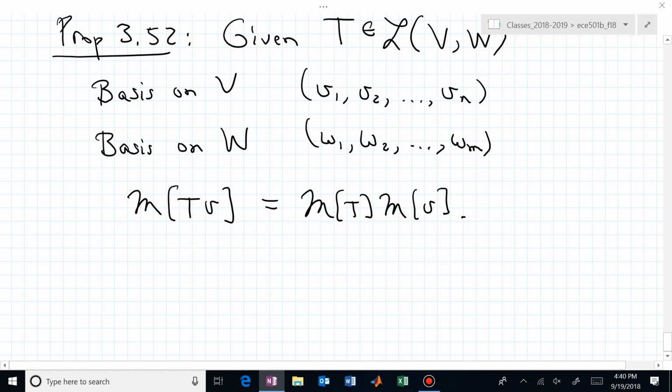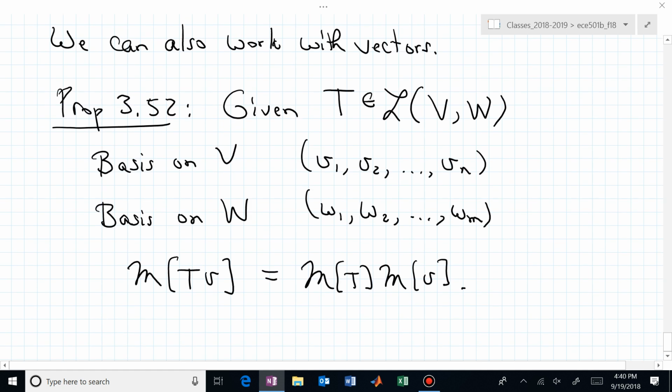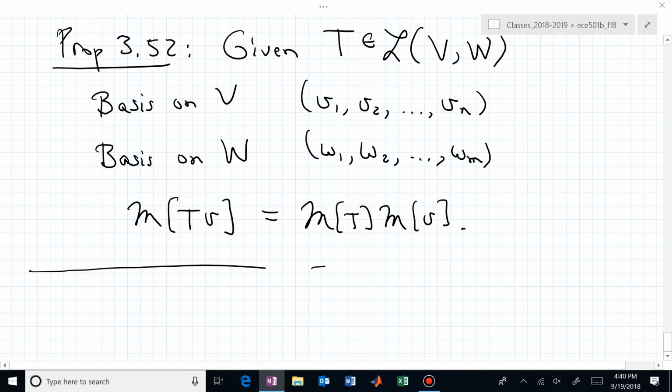That's a small v, our vector. And little v would be represented by a linear combination of these basis vectors. And that's consistent with this matrix representation product.